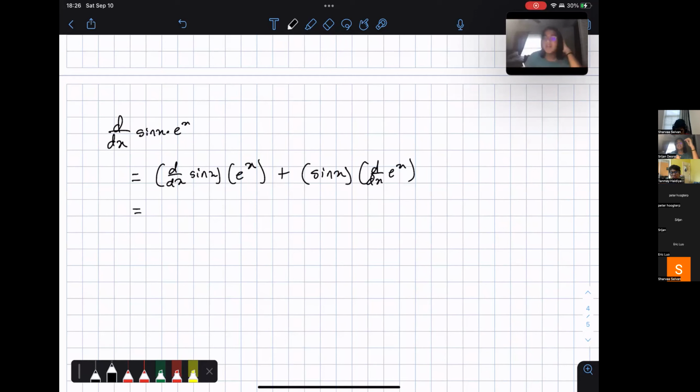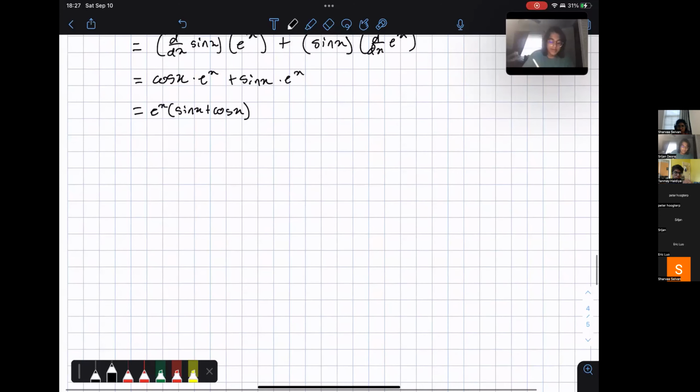And so the derivative of sine of x is just cosine of x, and then you multiply that by e to the x plus sine of x times the derivative of e to the x, which is just e to the x. So we can write this as e to the x times sine of x plus cosine of x. So that's called the product rule.